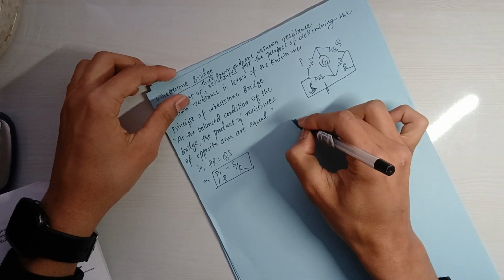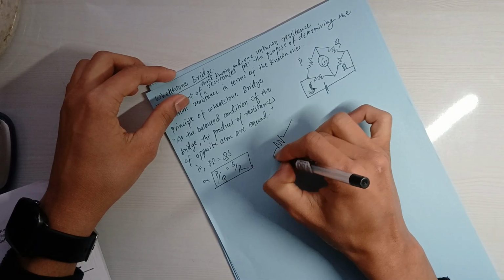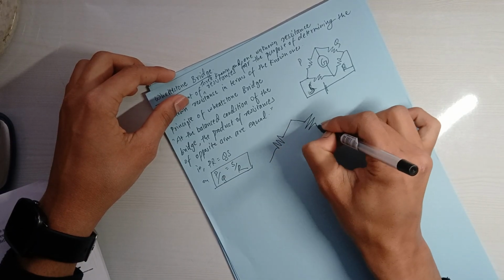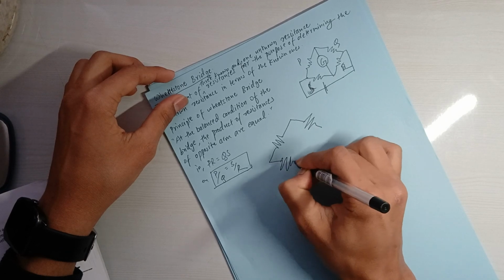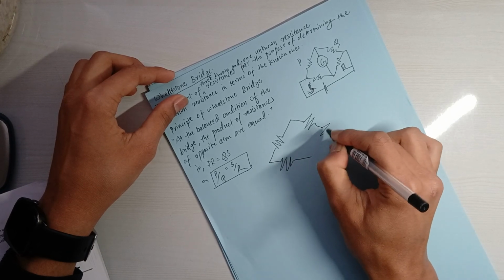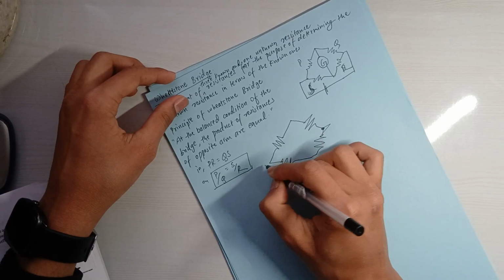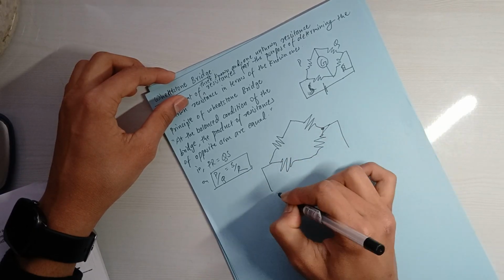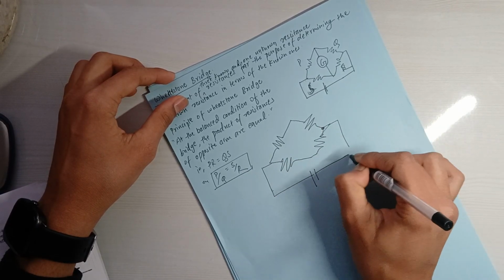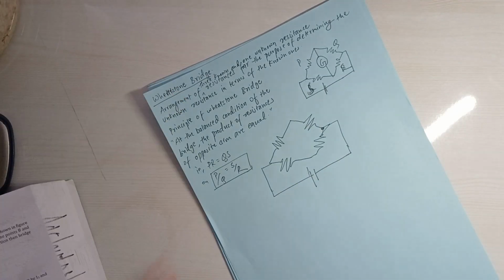Now then, let's make a bigger and a more visualizable figure. These are the two resistances. This is the third one. Oops, I think I messed up. Yeah, I just don't know how to draw resistances. I'm sorry about that. Look at that.